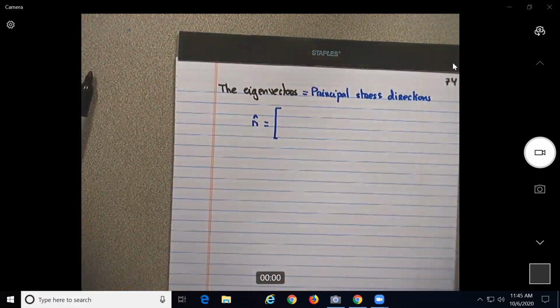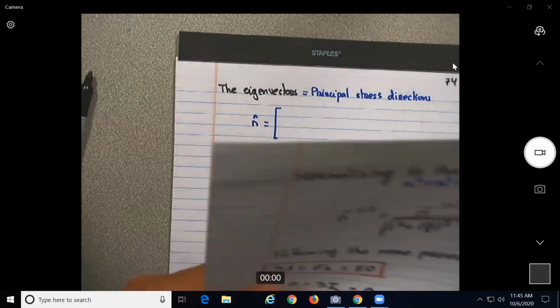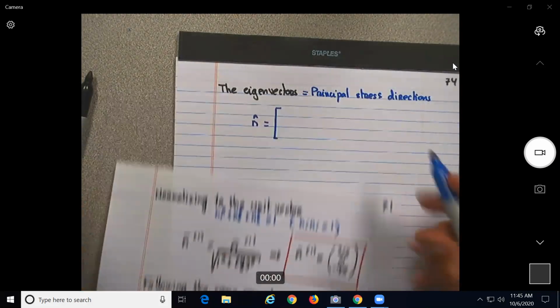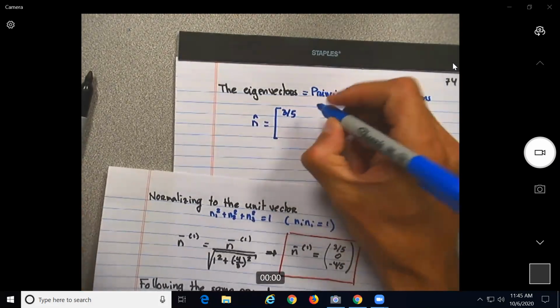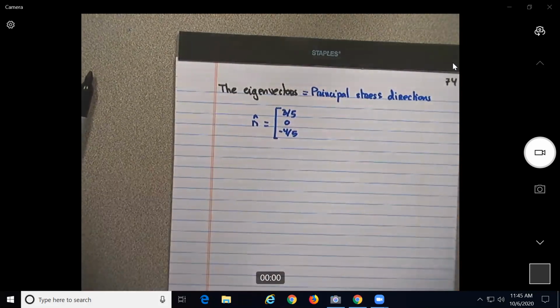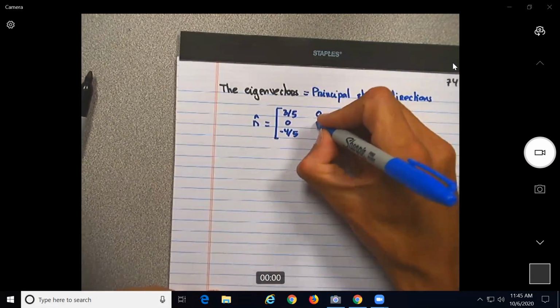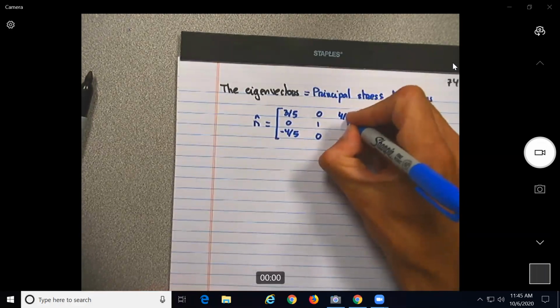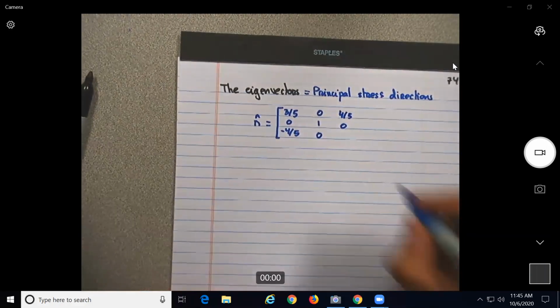Let's see, the first one that we had in the problem was (3/5, 0, -4/5). The second one we found is (0, 1, 0). And the last one we used here is (4/5, 0, 3/5).